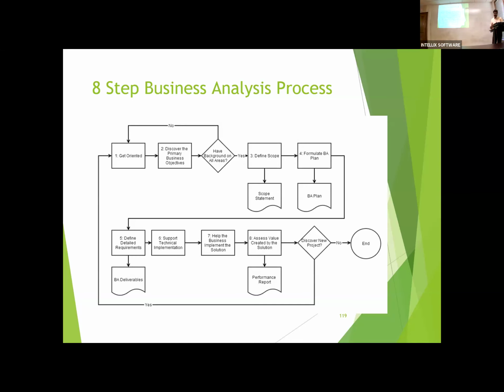Once you get that, you start looking into the problem statement and start defining the scope. The way we started defining scope is first understanding who the stakeholders are, and then once you understand the stakeholders, you talk to them and identify the domain or the scope of the overall problem.